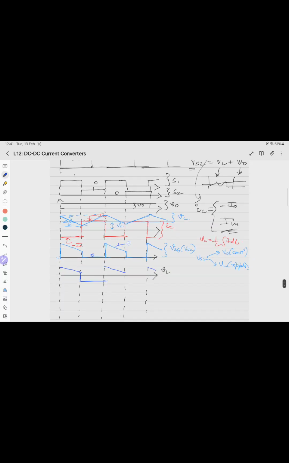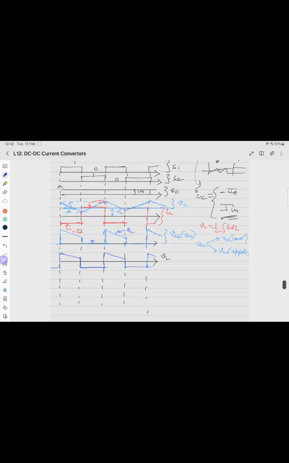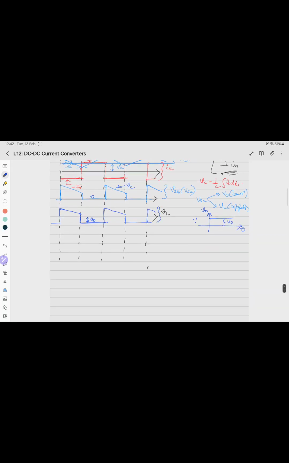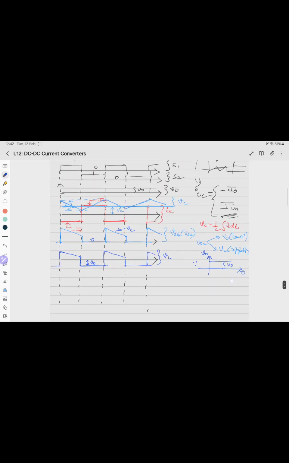This is VC. And by what value does it go down? By V naught value. So this is V naught, because this is the voltage of V naught, it is constant. V naught versus T. This waveform belongs to VL. If you know VL, you can draw IL.